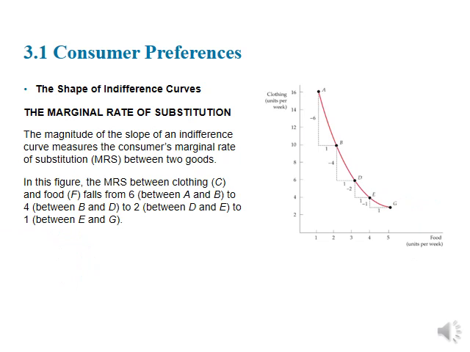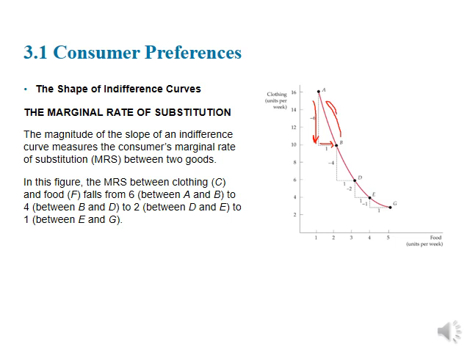From our indifference curve, we can get at our construct known as marginal rate of substitution, which is asking how much of one good we have to give up such that an additional unit of the other good, in this case food, leaves us at the same level of satisfaction.